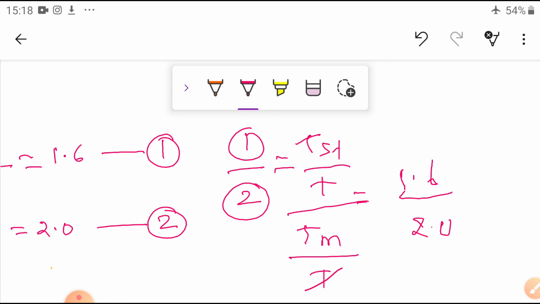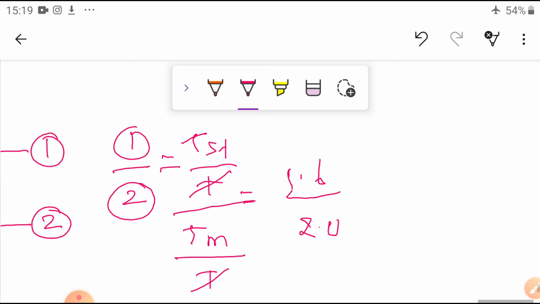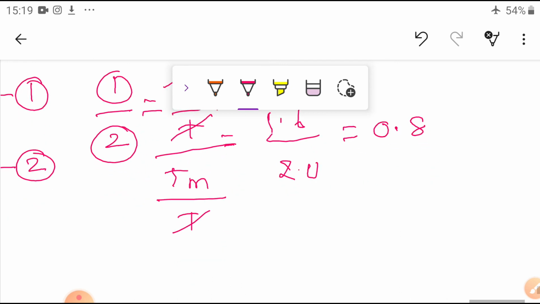Here the torque gets cancelled. Then I am going to 1.6 divided by this one. So, simplifying, this value is 0.08. That means, what is the value?